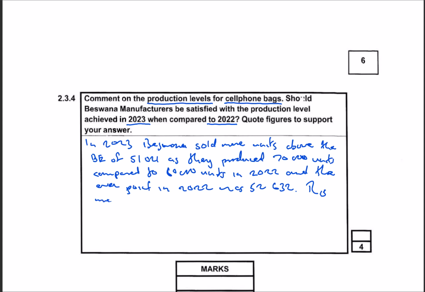This means they made more profit in 2023 compared to 2022. So the question, comment on the production, should Botswana finally be satisfied?